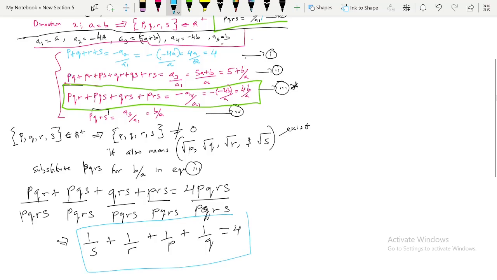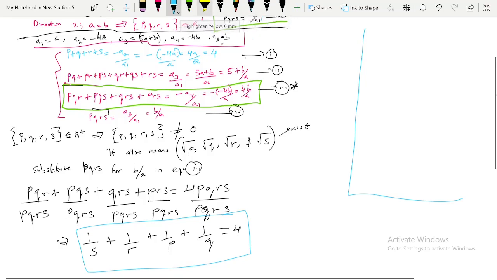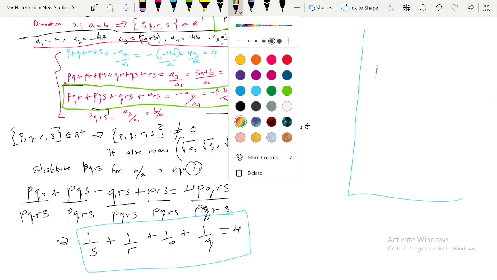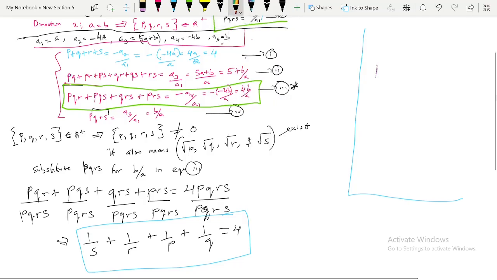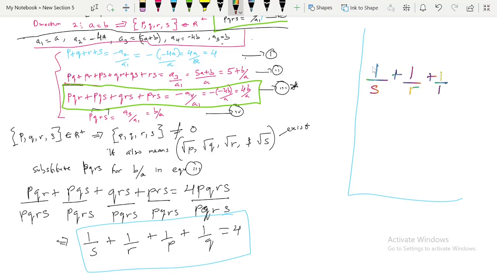This is a very, very important result. Let me just bring it somewhere around here. I'm going to come back to this. So we have something like 1 over S plus 1 over R plus 1 over P plus 1 over Q equals 4.